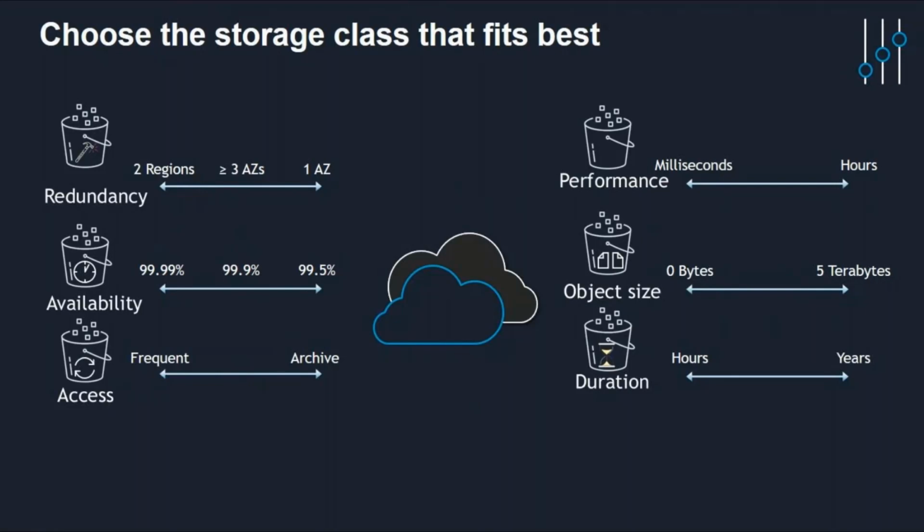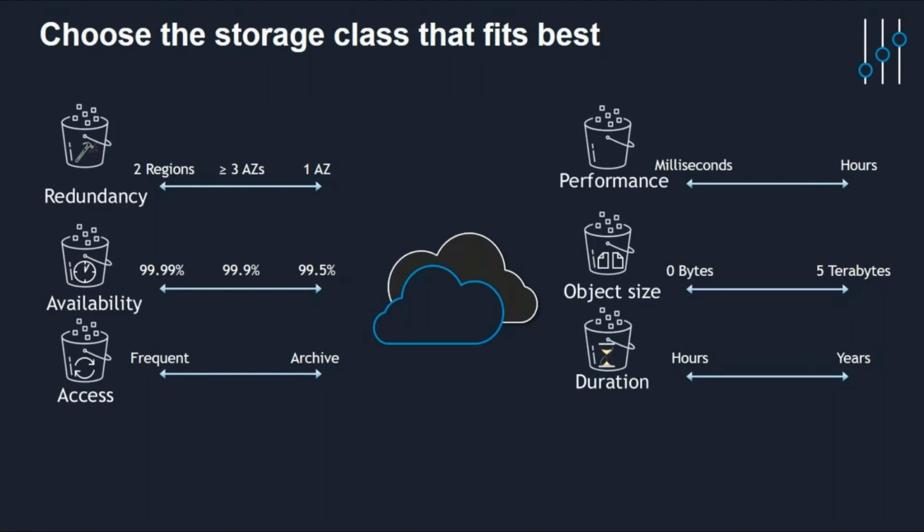So for example, if we start with the concept of durability. Durability is very important to understand, and it relates to the data that we store and our likelihood of losing data. Absolutely heart-wrenching when we think about this happening. And it's why S3 classes are built with 11 nines of durability.